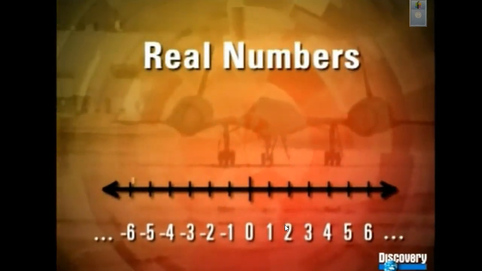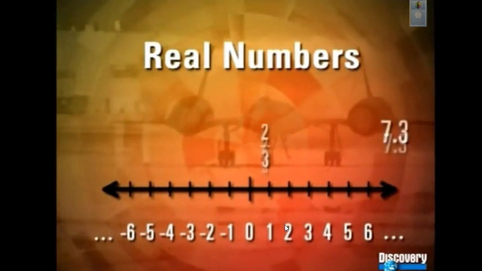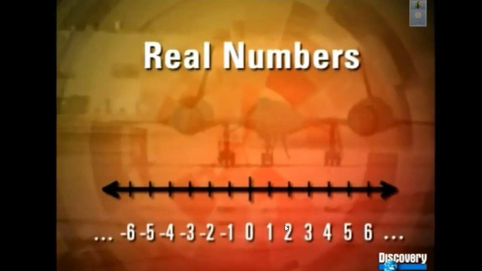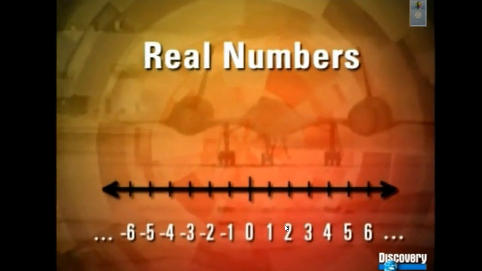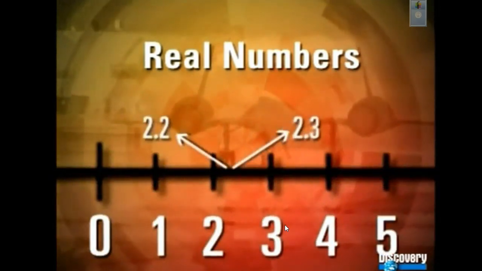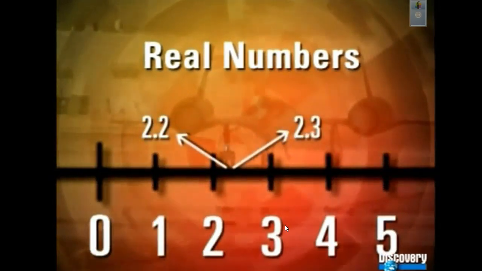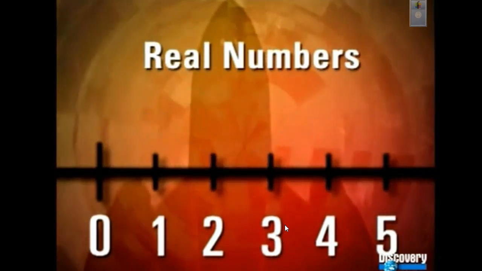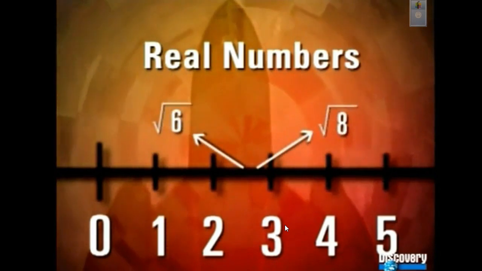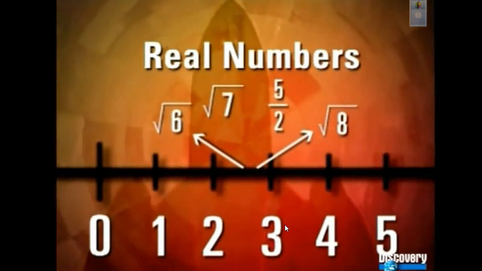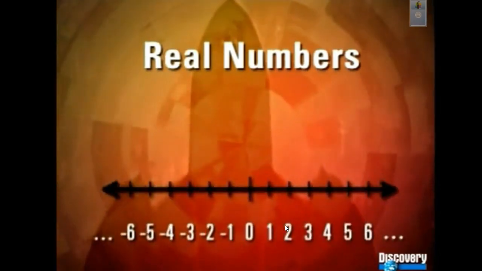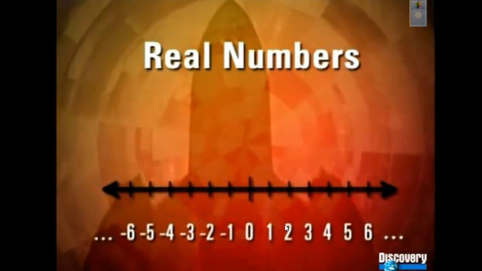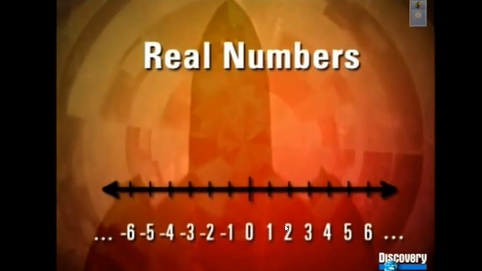Real numbers include all integers, all fractions or decimal numbers in between them, and all irrational numbers as well. Interestingly, between any two rational numbers, you can always find an irrational number and another rational number. And between any two irrational numbers, the same is true. As you can see, these sets of numbers are never ending, not only going greater and lesser, but going in between them as well.